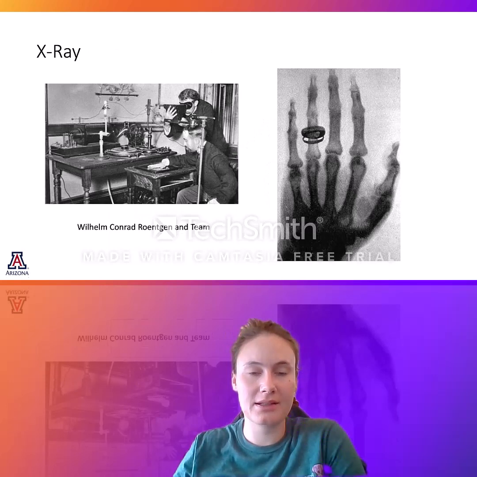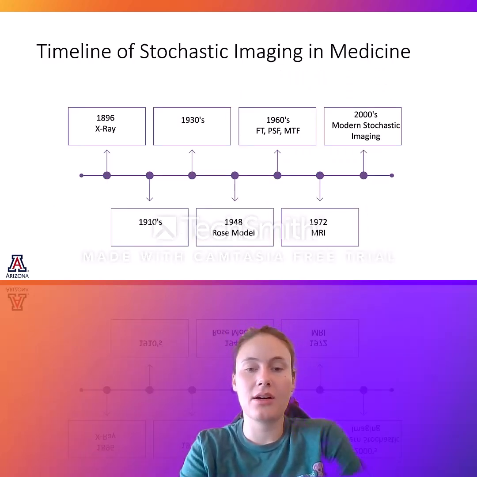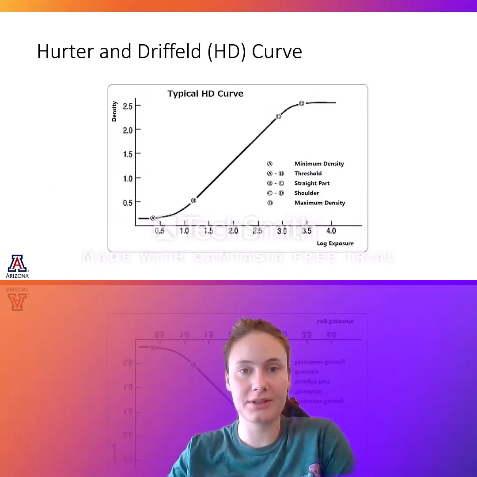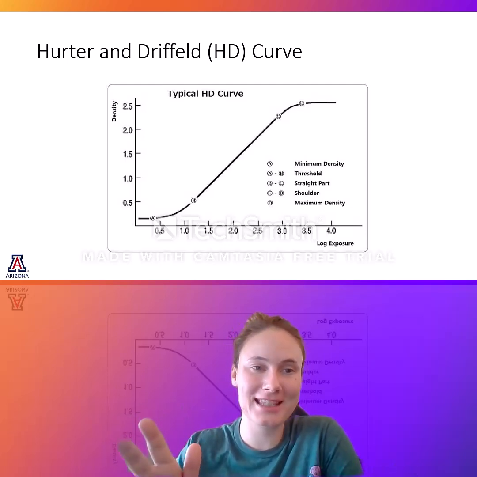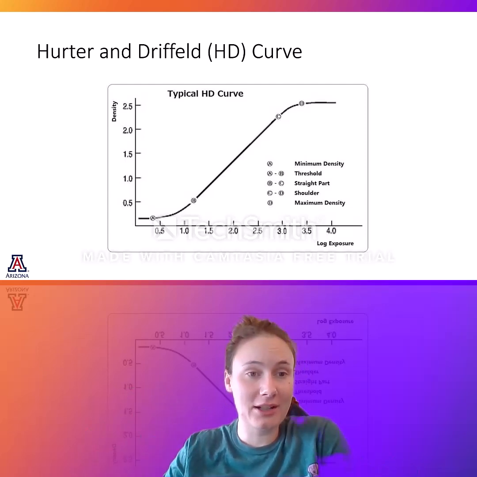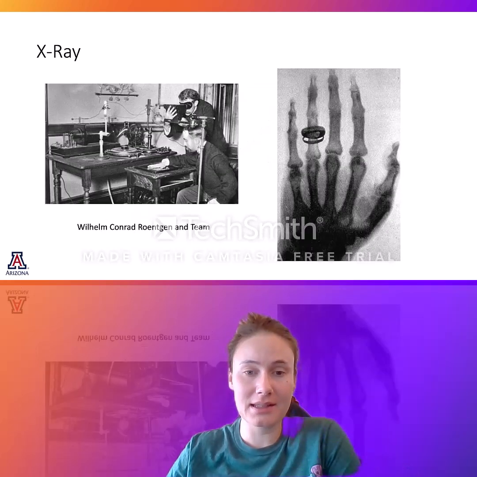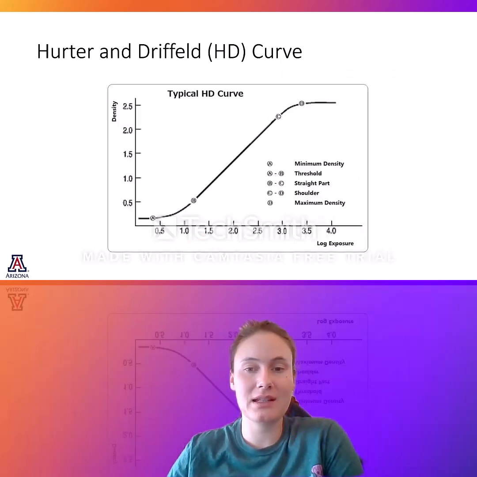So if you go back to the timeline from 1896 all the way to 1948, all they were using was this Hurter and Dürrfeld curve. I'm sorry, I can't pronounce his name. But this HD curve was all they were using for many, many years until almost the 1950s. So for 50 years, that's all they used.